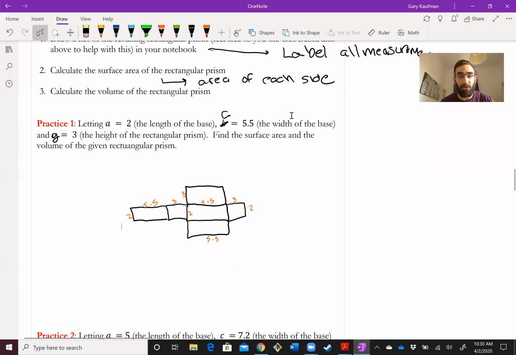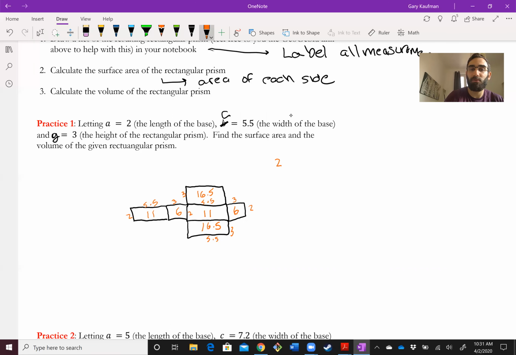So I have my net drawn, and I have at least 2 sides of each marked. I can see that now this is going to be 11. So that's my base. That's my other base. The sides to the left of the base are both 6. And then I have a 16.5 and a 16.5. You might start learning that there's a little pattern here.